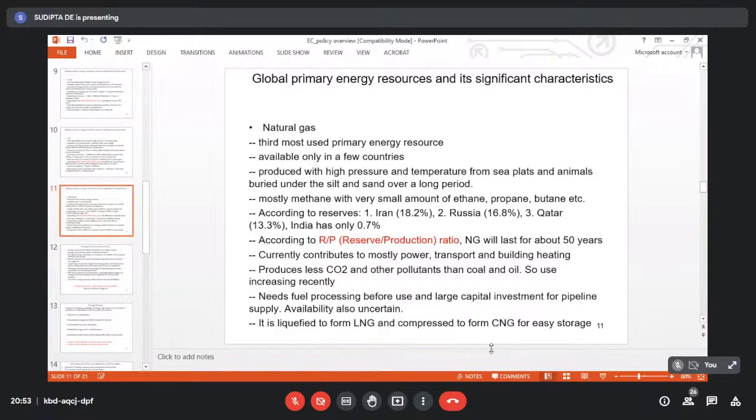So in an indirect way, high efficiency not only saves money but also reduces environmental pollution. So obviously, a natural gas based power plant is always preferred if availability is there.